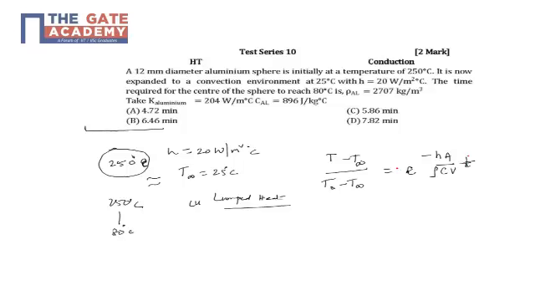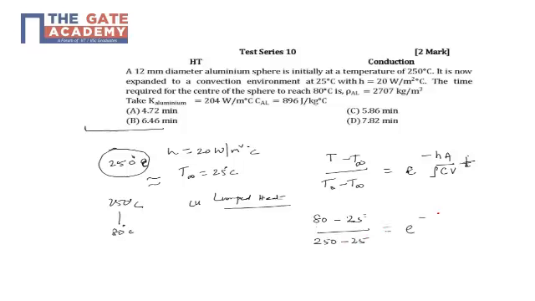This is the equation. So let's substitute here. Everything is given. After time t, the temperature of the solid body has to be 80, minus the ambient temperature. Ambient temperature remains 25 throughout. That is the assumption. By the initial temperature 250 minus 25.